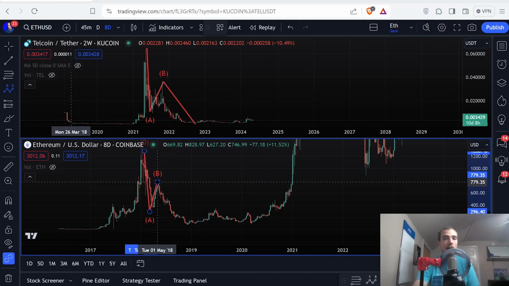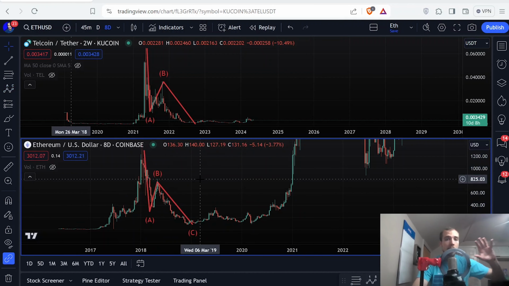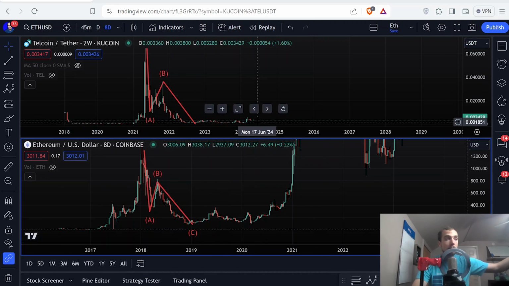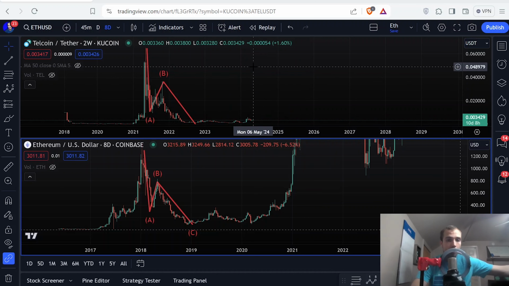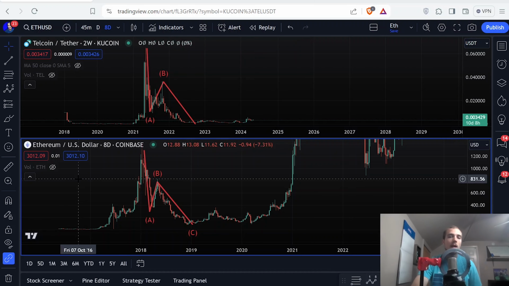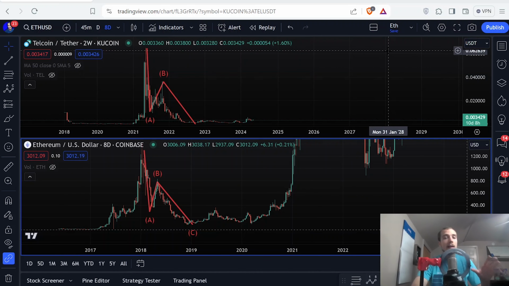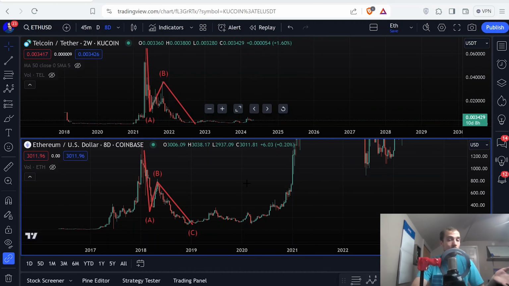So these market cycles are extremely useful in the big picture because they end up turning around and doing crazy gains and a lot of times breaking above their all-time highs. So the big picture is very, very useful here on these cycles. So yeah, you can see the similarities between Telcoin and Ethereum. Now Ethereum started to break out really soon.